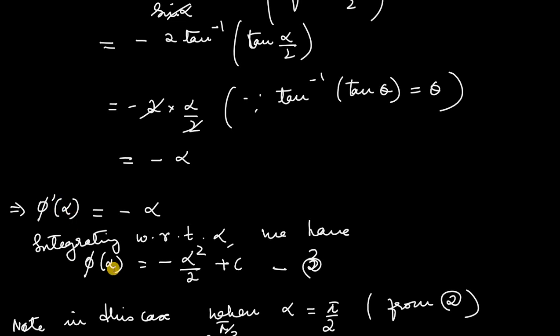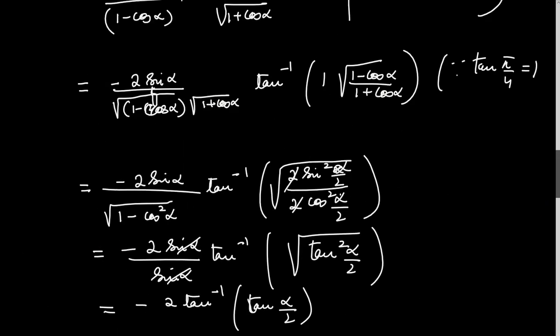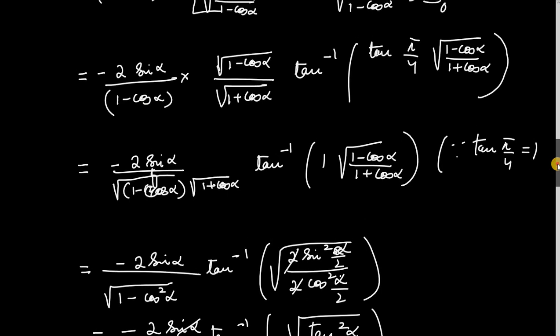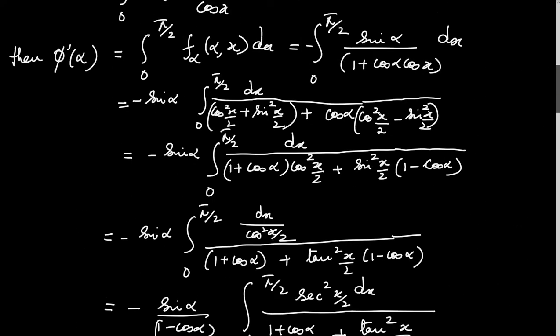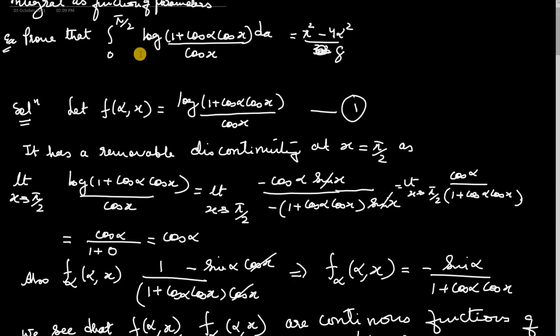So on integrating it with respect to alpha, you'll get phi alpha is minus alpha square by 2 plus c. Let us find out the value of this constant c. Since the function f alpha x is continuous for all x and for all values of alpha, therefore let us take it for alpha is equal to pi by 2.